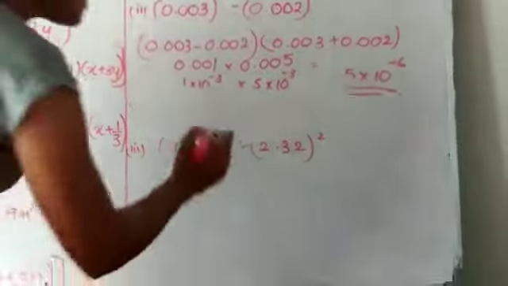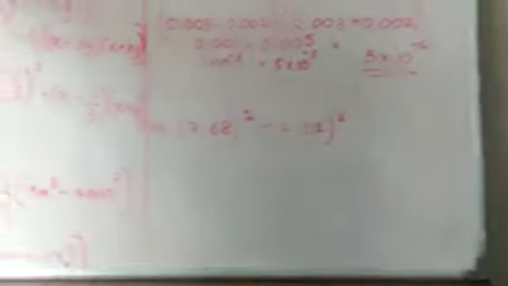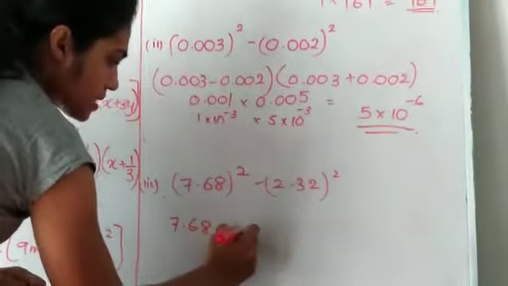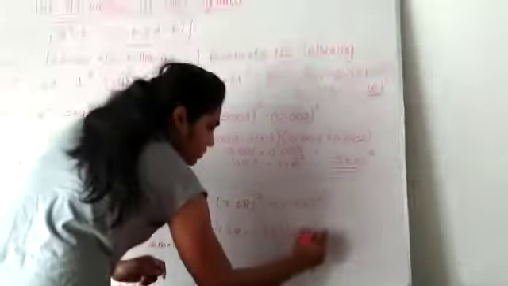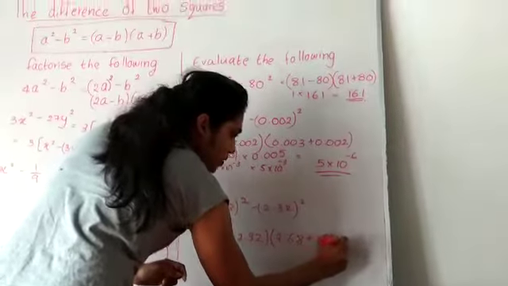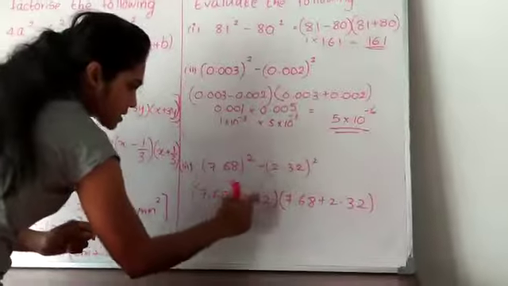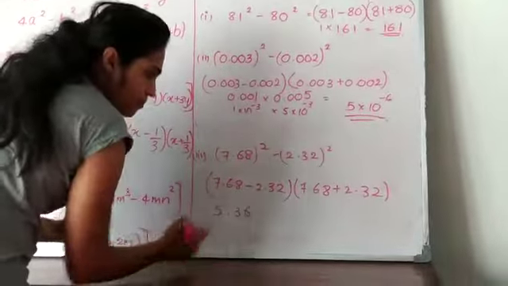Moving on to this again. Difference between two squares, a squared minus b squared, I can write as (a minus b)(a plus b). So 7.68 minus 2.32 into 7.68 plus 2.32. 8 take away 2 is 6. 6 take away 3 is 3. 7 take away 2 is 5.